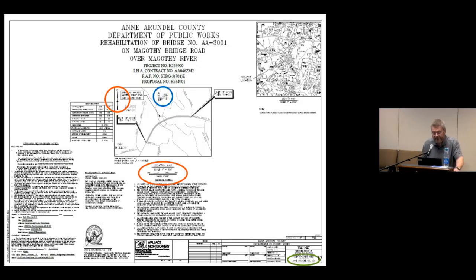Now, running through the checklist, we do see that some of the required items are present, such as a graphic bar scale and north arrow, which are both circled in red. If you squint real hard, you may be able to identify what body of water this bridge is located on, which is the Magothy River, identified in the center in blue.